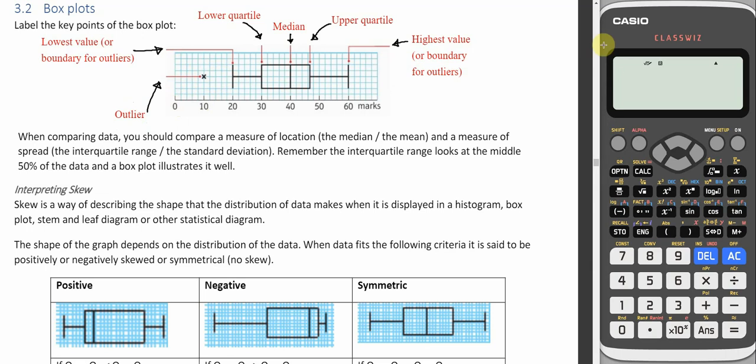Another key characteristic of a box plot is that it divides the data up into quarters. So if I just draw some lines, I recommend you do the same in your notes as well.